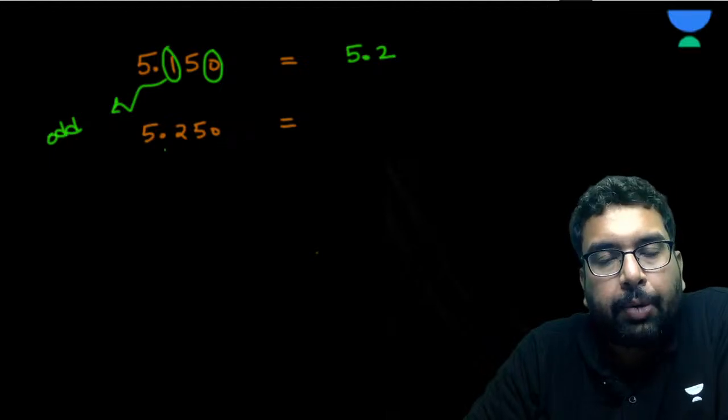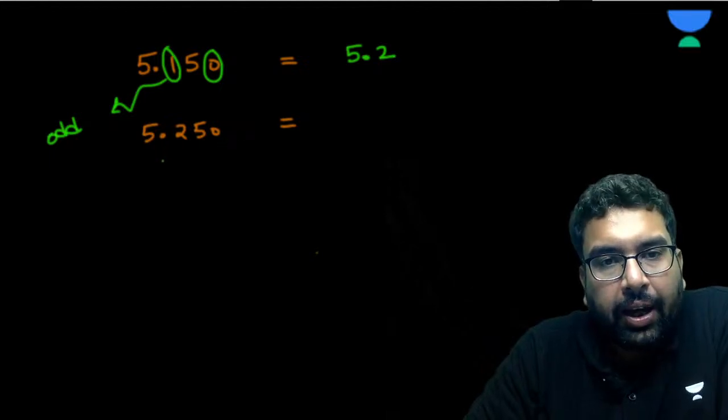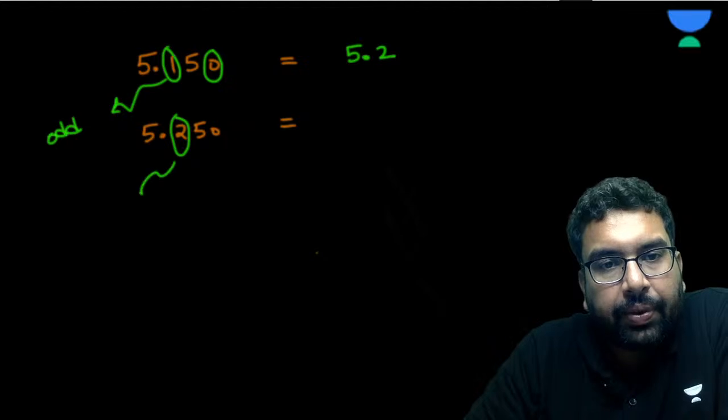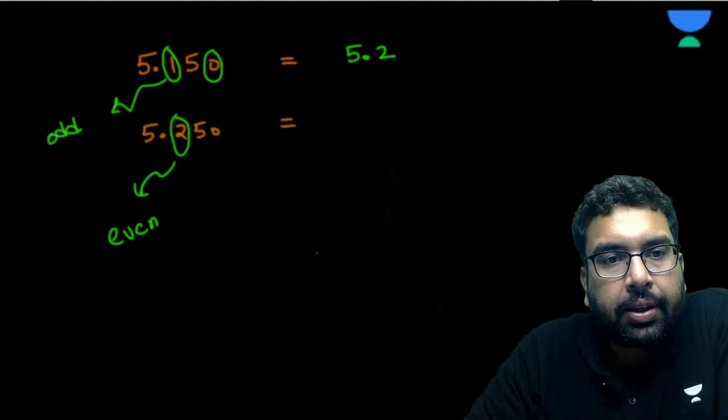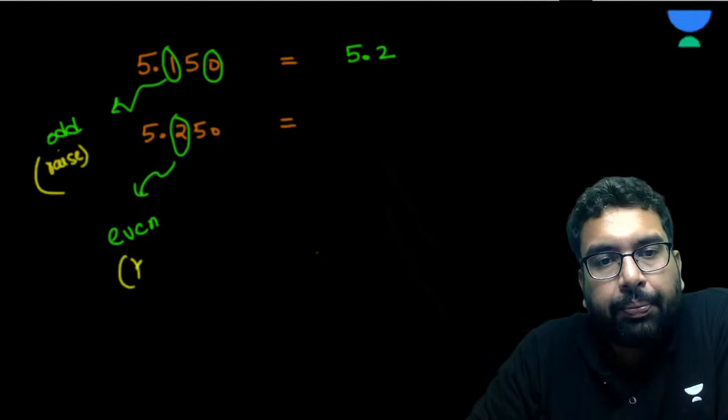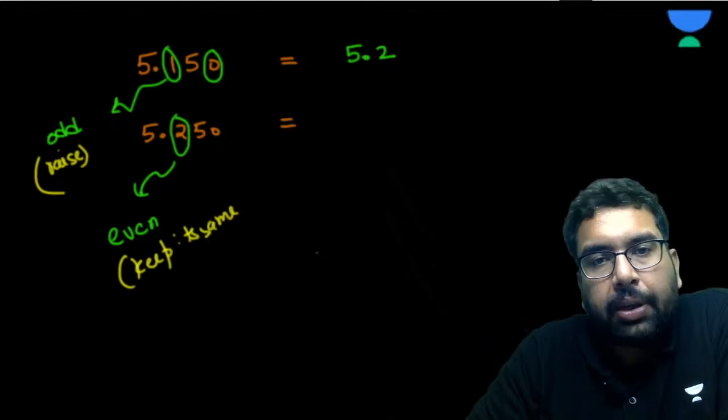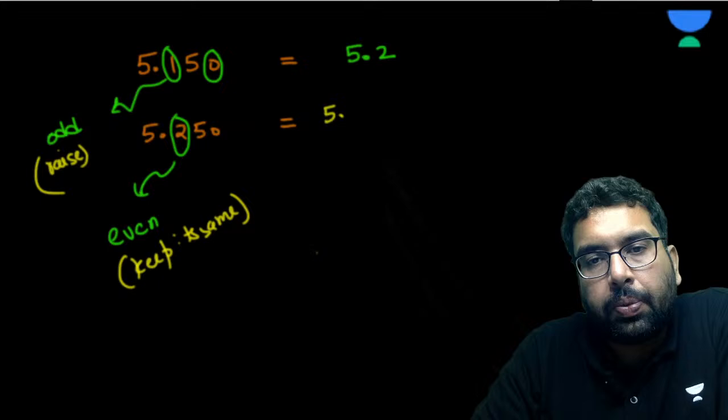Remember it. People get confused in it. If it is odd, raise by 1. And if it is even, keep it the same. So we are going to keep it the same as 5.2. Understood?